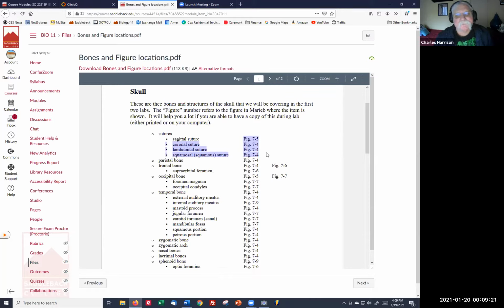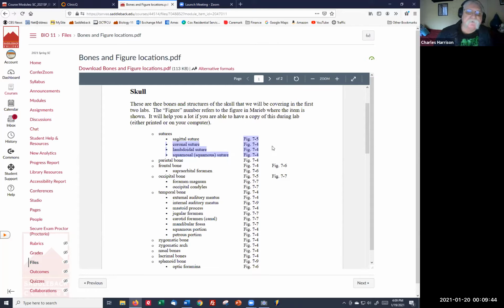I have the figure number, figure 7.4. Okay. Well, why don't I put page number? Because some of you are using book 7, 8, or 9, and they shuffle up the page numbers, but they never shuffle up the figure numbers.